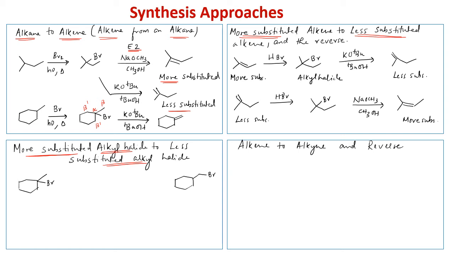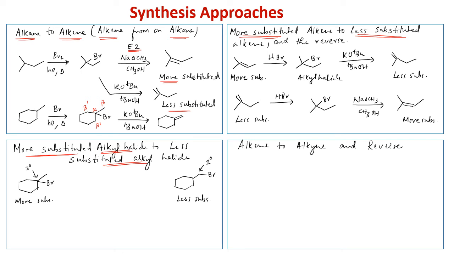Okay, so notice how this alkyl halide is more substituted relative to our product, which is less substituted, because this alkyl halide here is tertiary in nature, and the product is only a primary alkyl halide.